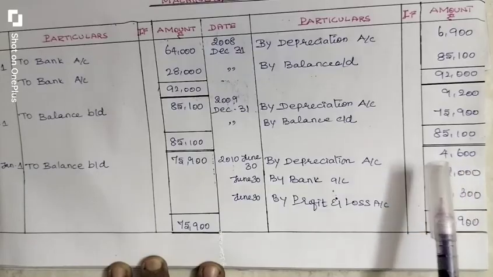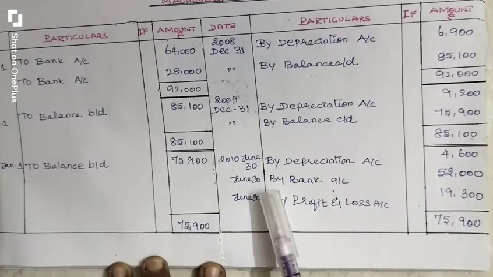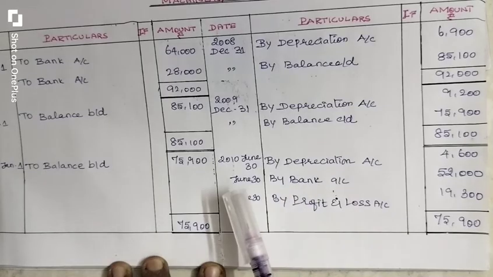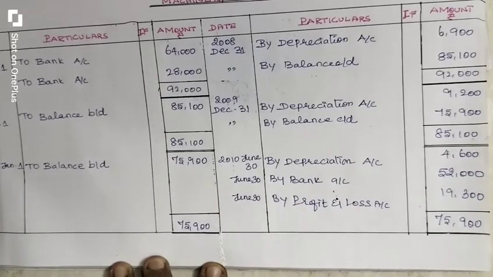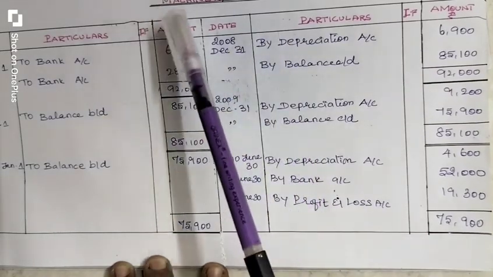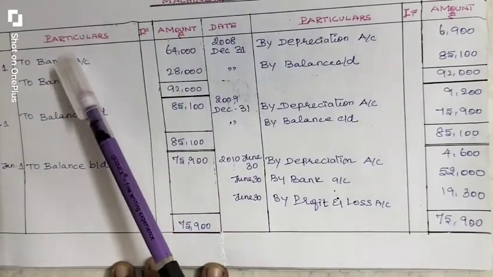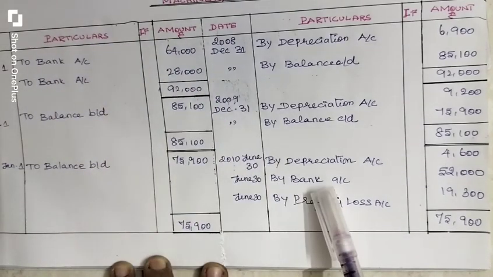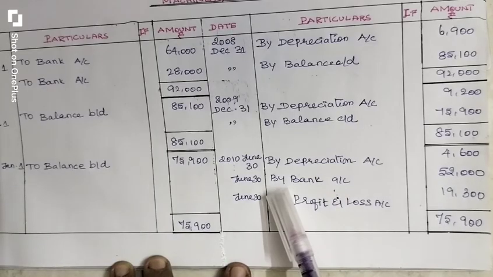Then we have to enter the selling account. What is the selling account? When you purchased an asset, the journal entry is machinery account debit to bank account. That means asset account debit to bank account. When you sold an asset, the journal entry is bank account debit to machinery account.